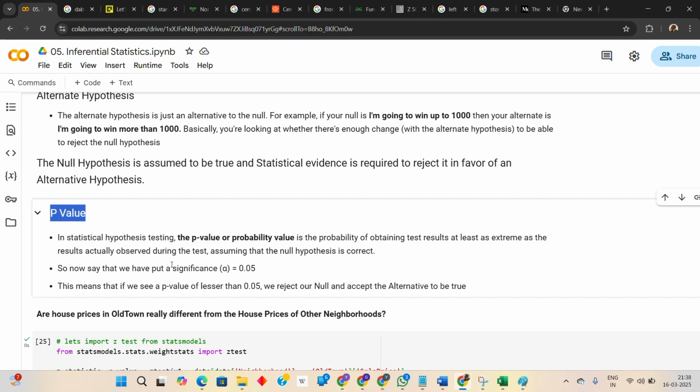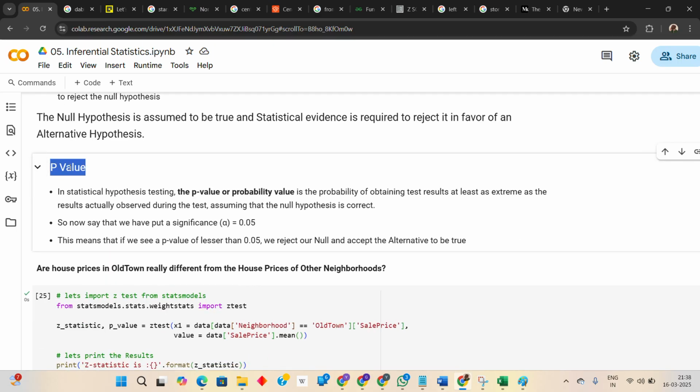Significantly, the threshold is 0.05. That means if we see a p-value lesser than 0.05, then we reject our null hypothesis and accept the alternate hypothesis to be true.